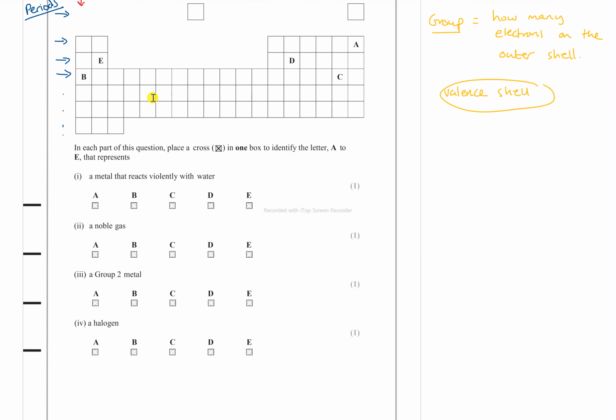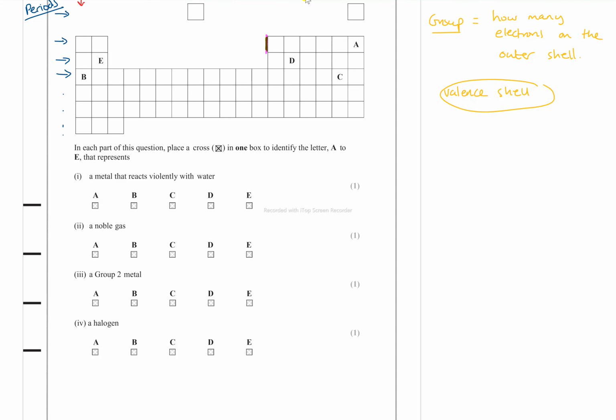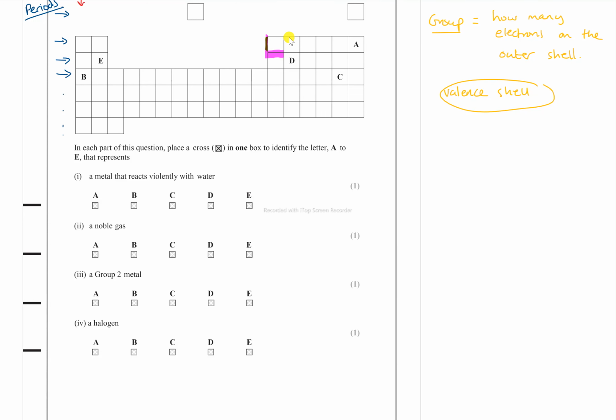Right, in each part of this question put a cross here. Okay, a metal. Right, what you do is start here. You go down here, you go across. Start here, go across, down, across.